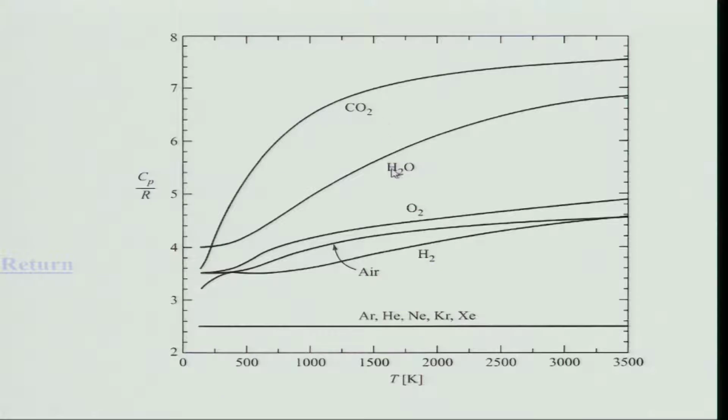However, we use CO2, water, oxygen, hydrogen, methane, propane, and several other species. So we cannot afford to say that it remains constant in a combustion problem, particularly where the temperature, or the change in temperature, will be quite high. You should keep this in mind.